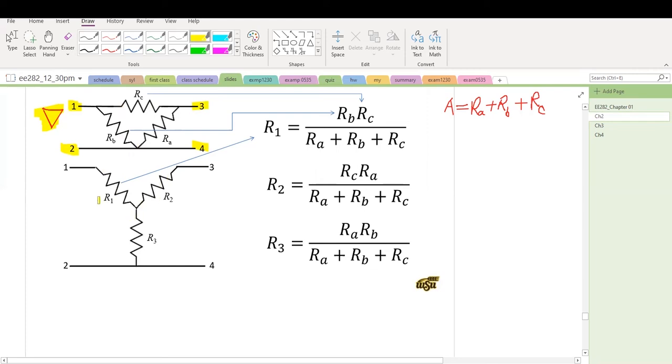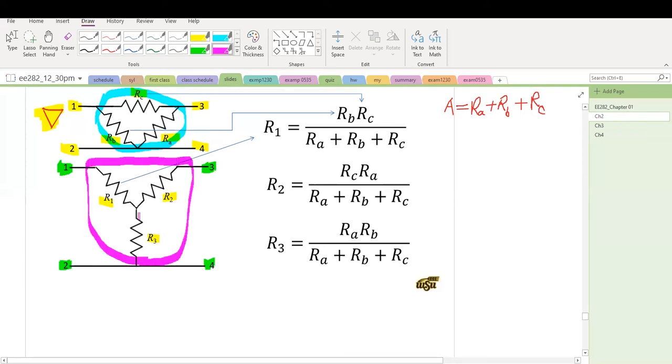So we use R1, R2, and R3 in the Y connection. The names of the resistors are different. The four terminals here are inside this, 1, 2, 3, 4. This can be converted into this connection in the same terminals.